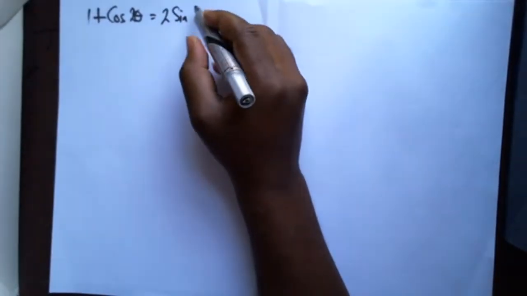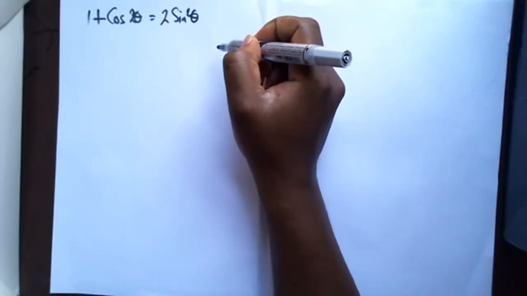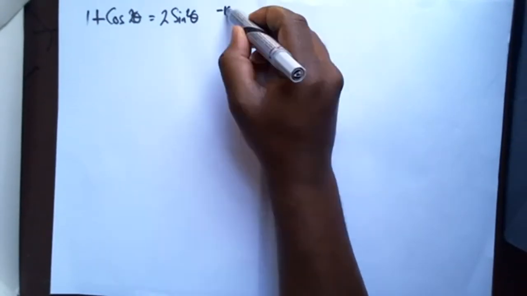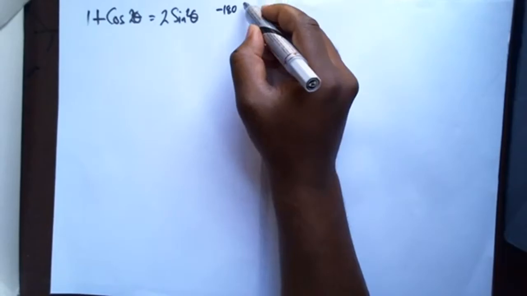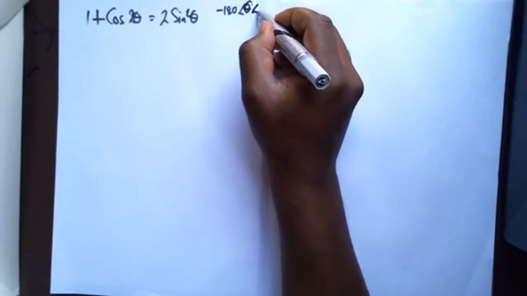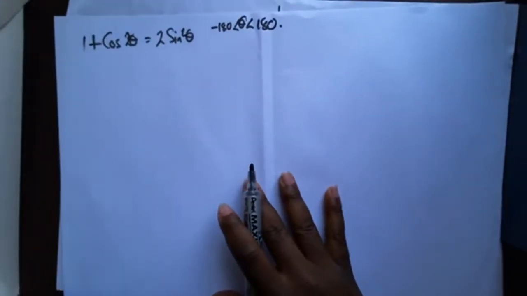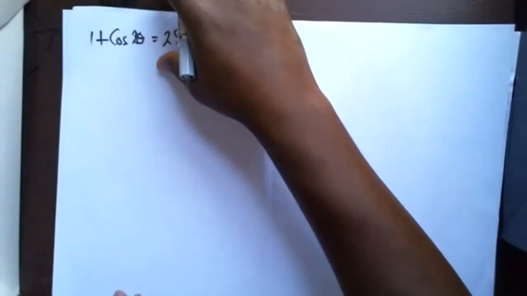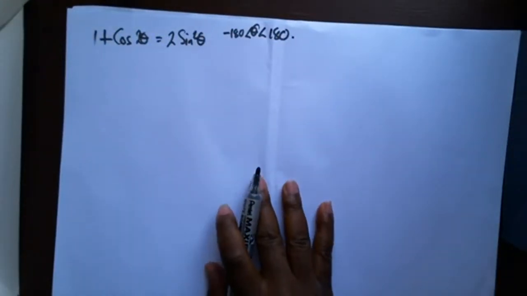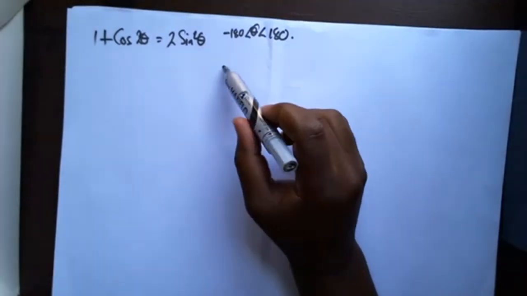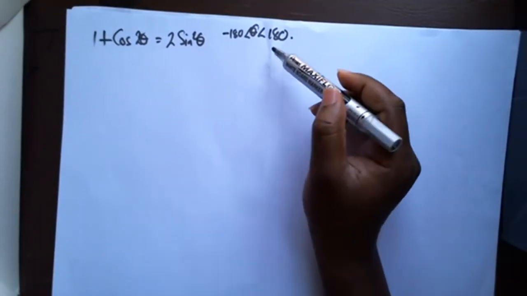So it's 1 plus cos 2 theta is equal to 2 sine squared theta, for theta from negative 180 to 180. Right. Can you see that our range has changed? Our range is between negative 180 and 180.